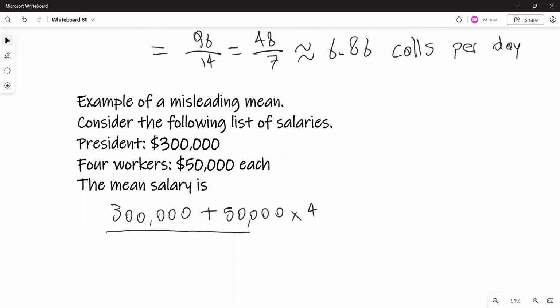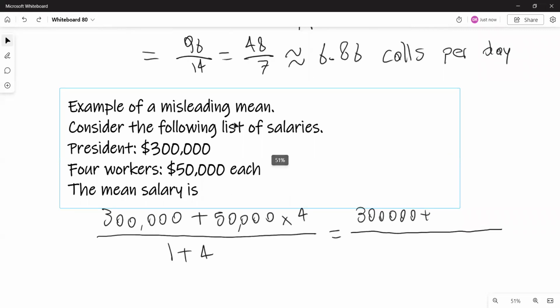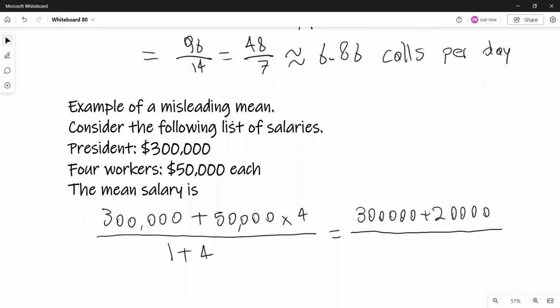Each of the workers that make 50,000, and there are five employees, or 5 people working for this small company. 300,000 plus 50,000 times 4, that's 300,000 plus 200,000 over 5. So at the end, the mean salary is 100,000.